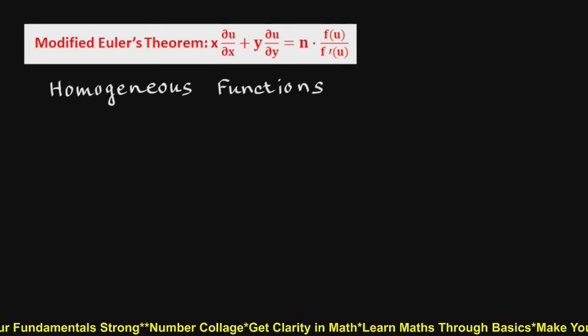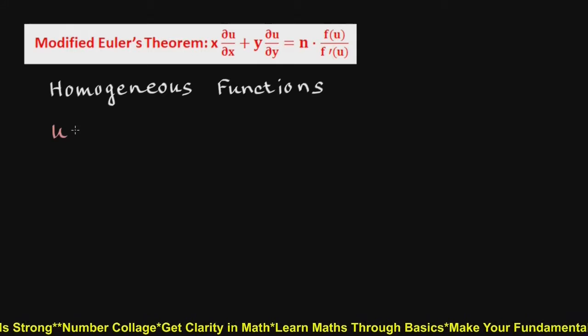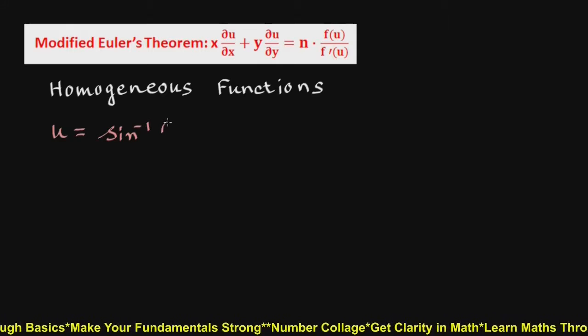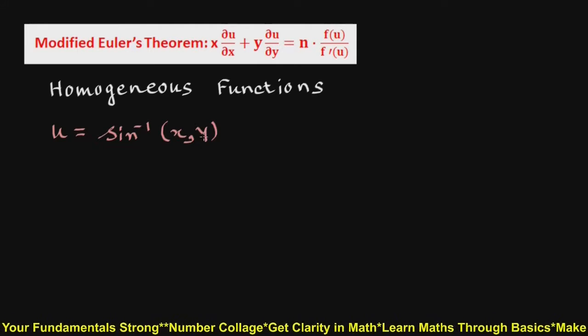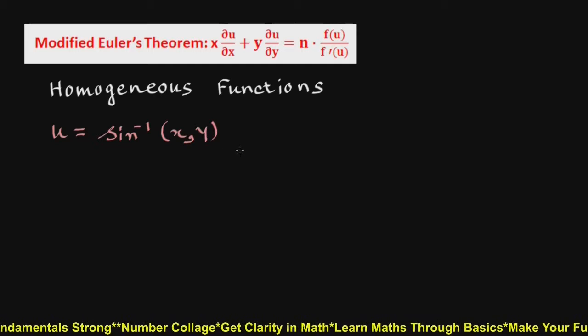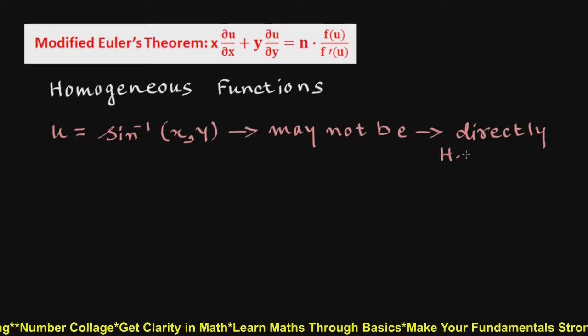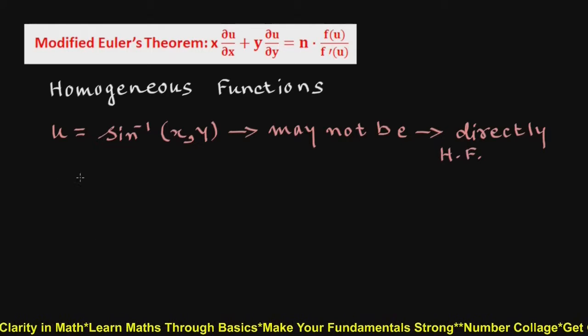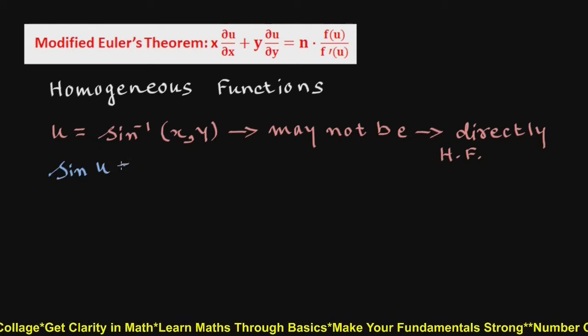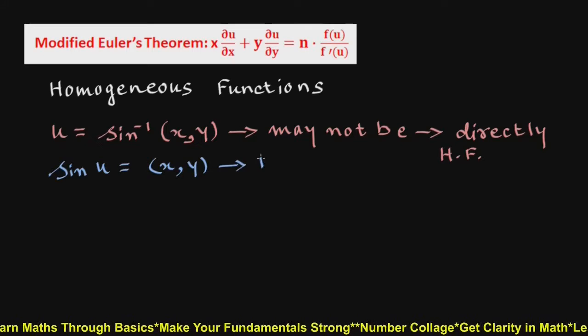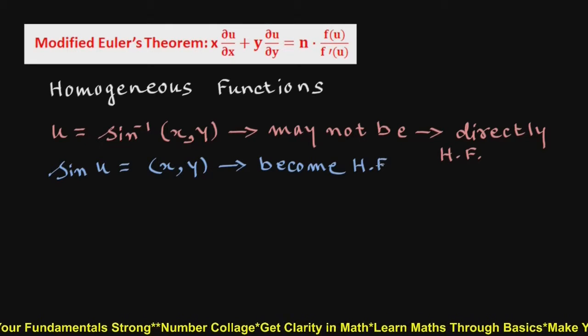Sometimes functions like u = sin⁻¹(x, y), where x and y are two independent variables, may not be directly homogeneous functions, but if we write them as sin u = (x, y), they become homogeneous functions.